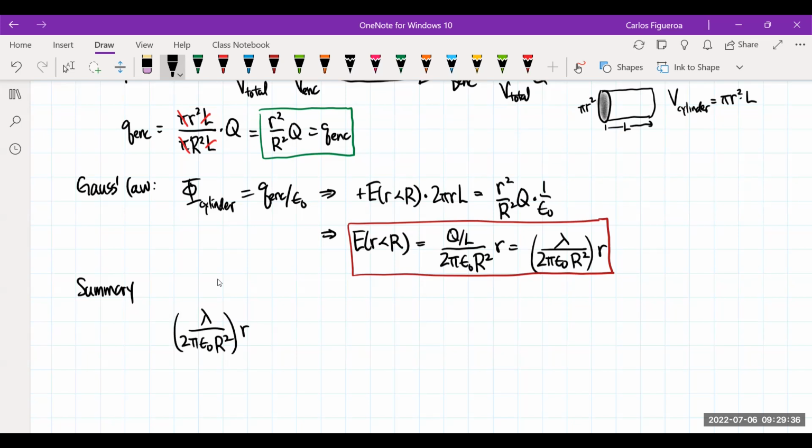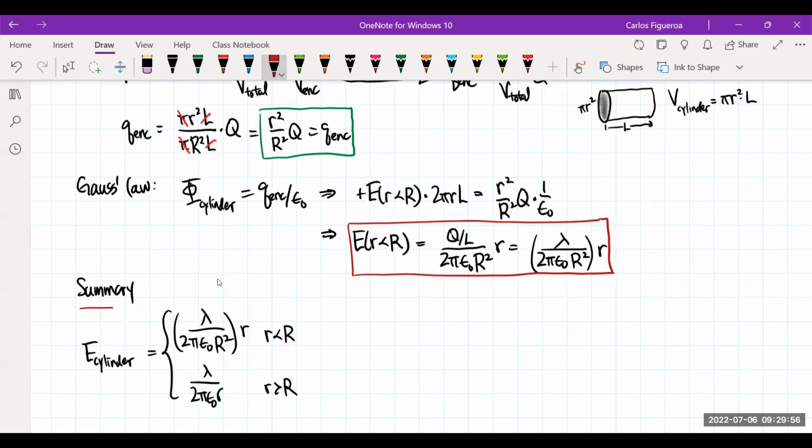And if you're outside, it's lambda over 2 pi epsilon r. And this is for little r less than big R and little r greater than big R. And this is the field of a charged cylinder.